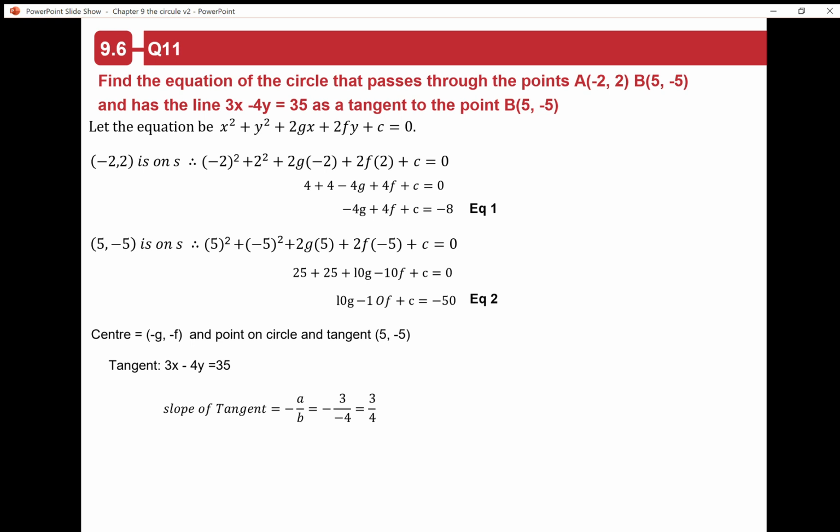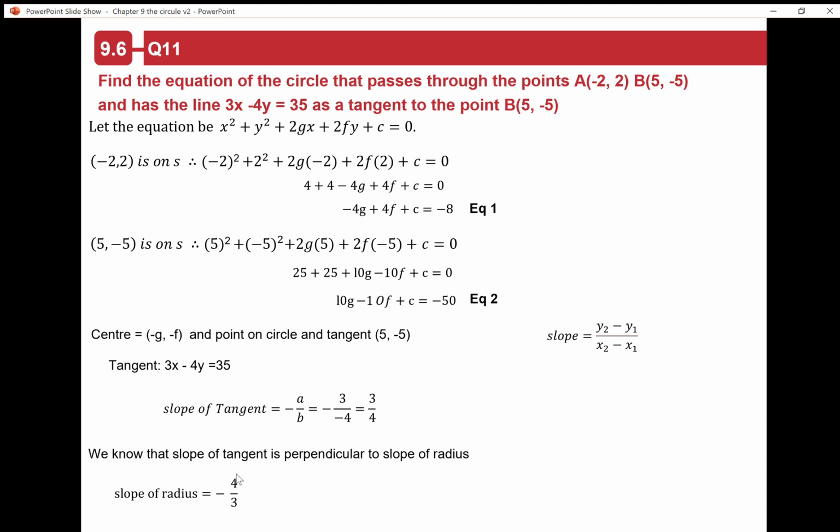If the slope of our tangent is 3 over 4, then the slope of our radius is perpendicular to this, which means that the slope of our radius is minus 4 over 3. I now know what the slope of my radius is, so let's fill that into my equation for the slope. My slope is equal to y2 minus y1 over x2 minus x1.